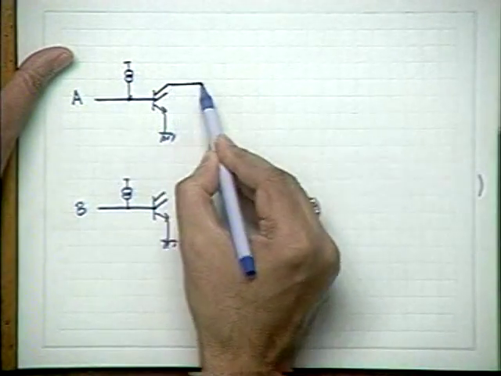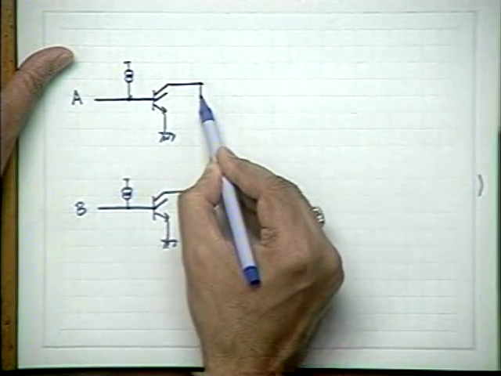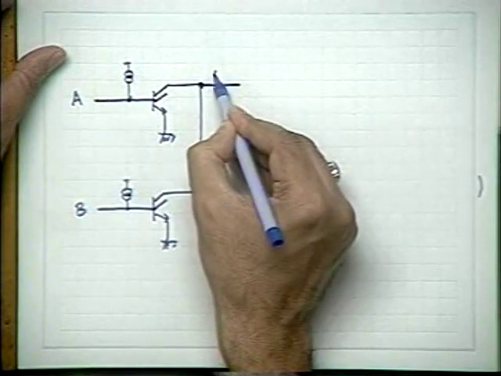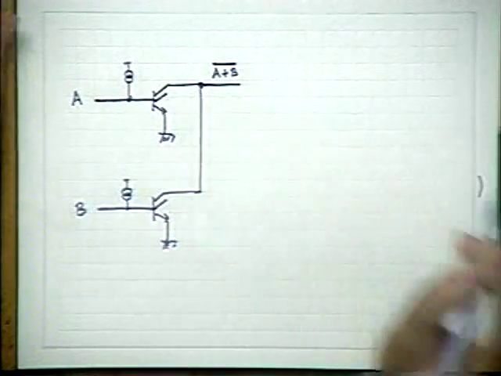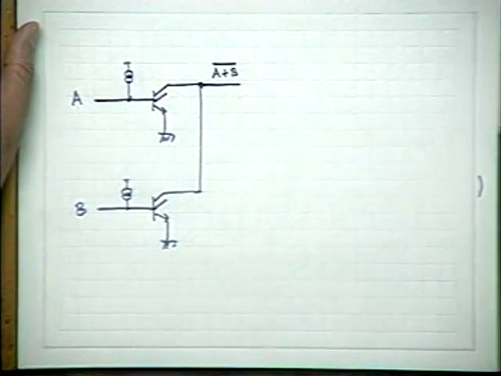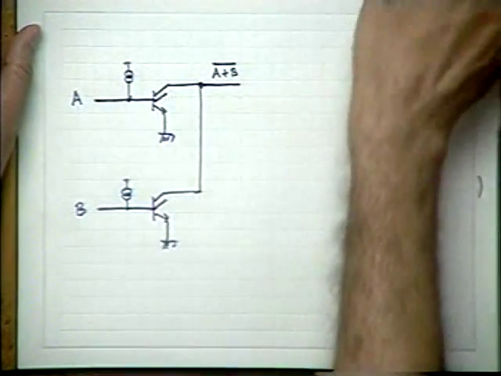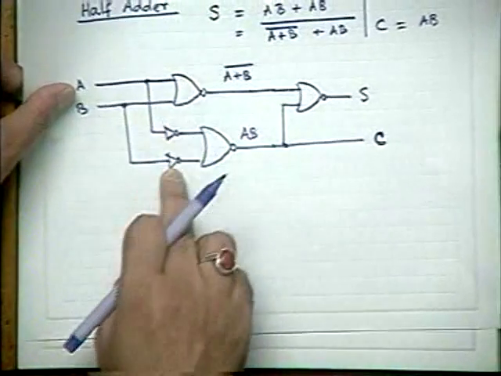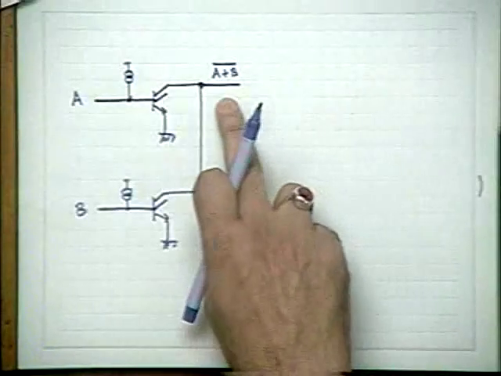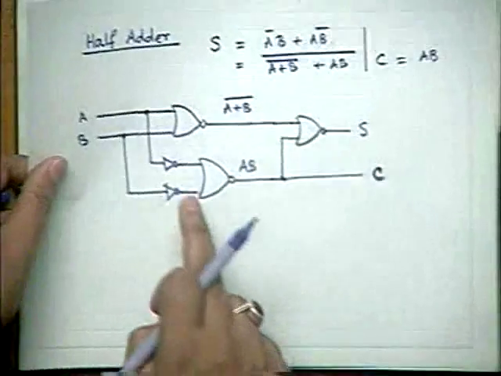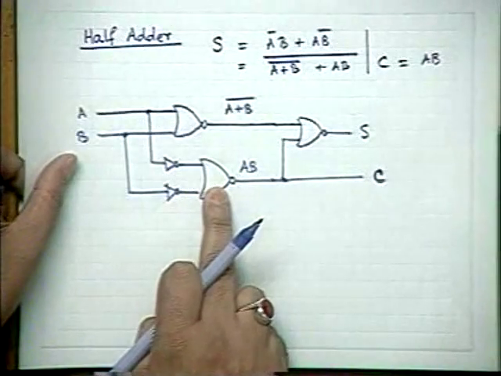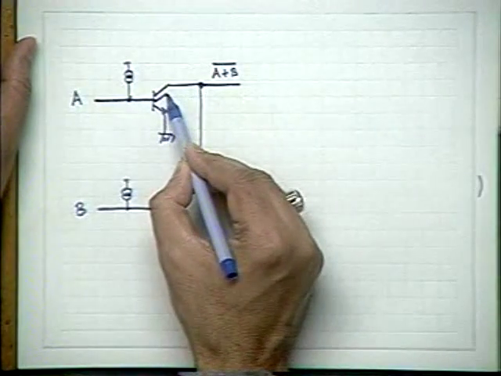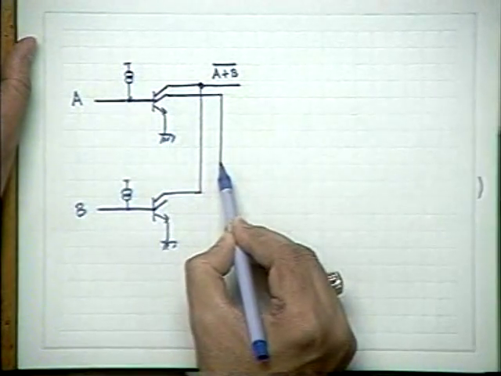Then simply where the outputs are, to produce first the NOR function. So here automatically your A plus B NOR is produced. Then take this, then I have to produce this one. First the inversion, I have produced this one here at this point, very simple. Then I have to invert and then pass it through a NOR gate. So invert means simply you take output from here, you will get the inverted things.